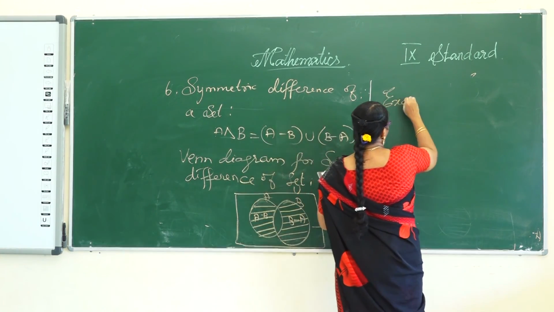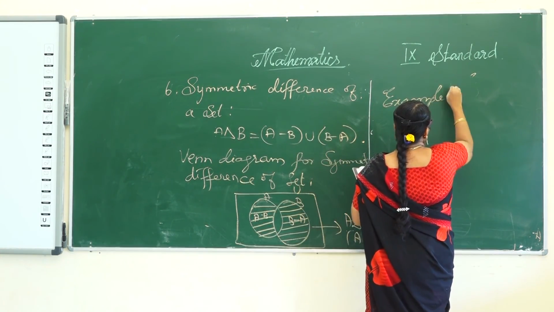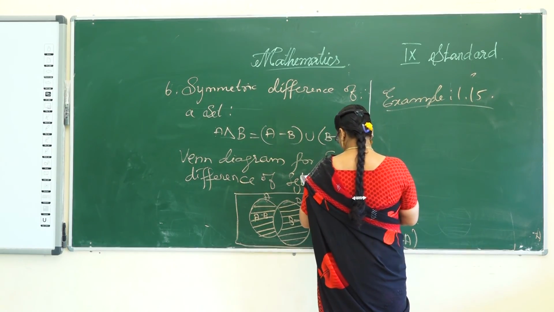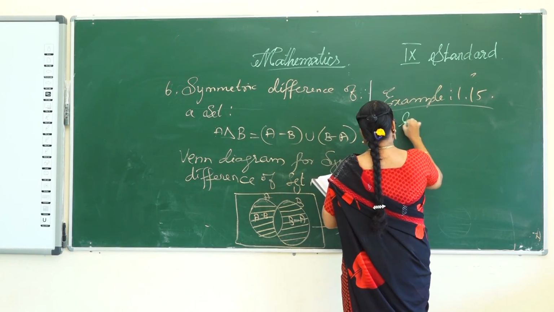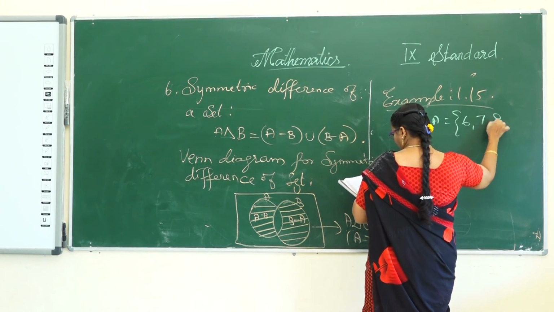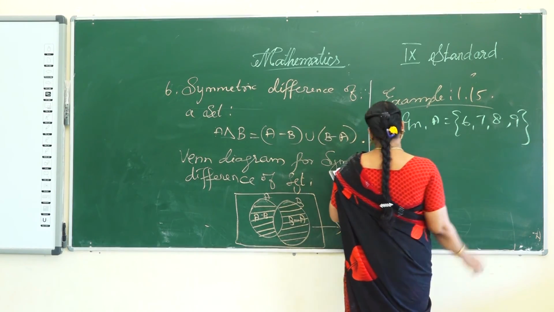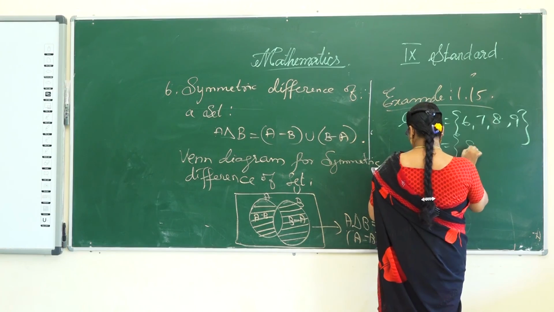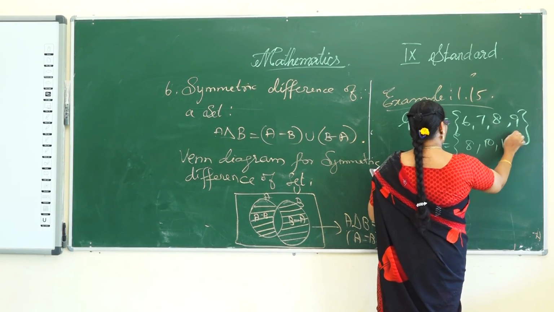Example 1.15. Given A is equal to 6, 7, 8, 9 and B is equal to 8, 10, 12.